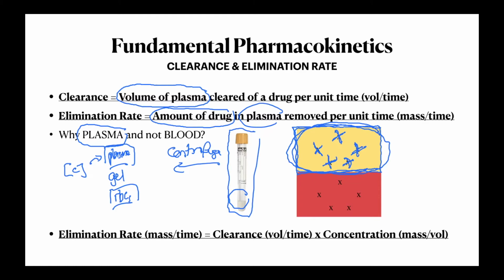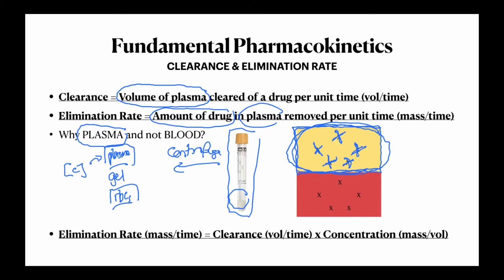And it is important to note that even though we use plasma, the organs that eliminate drug are perfused with blood, not plasma. However, the ratio of drug concentration in plasma and red blood cells is approximately 1 for most drugs, which is why it's okay to use plasma for these definitions.